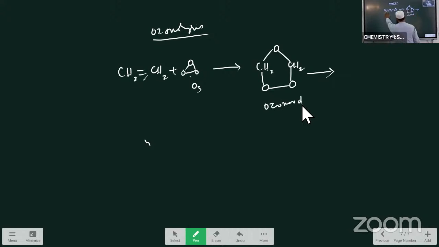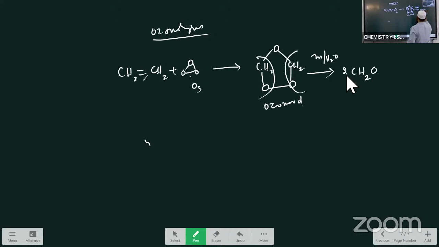When ethylene reacts with ozone, it forms ethylene ozonide. It undergoes hydrolysis in the presence of the metal zinc. The structure breaks, one part on each side as CH2O, and forms 2CH2O.